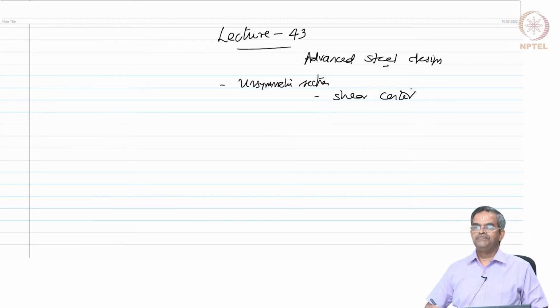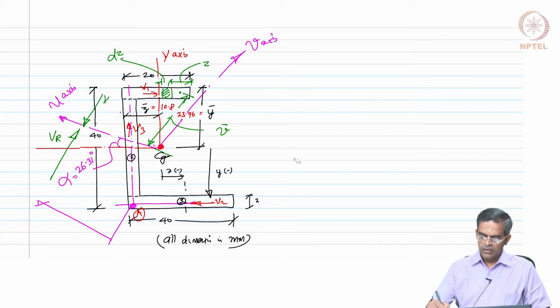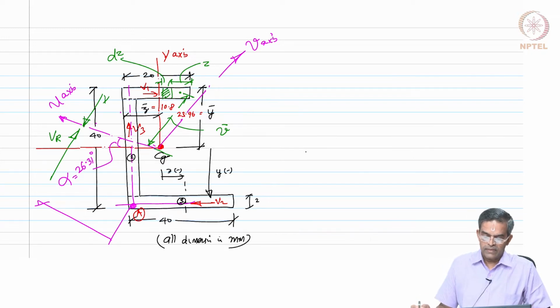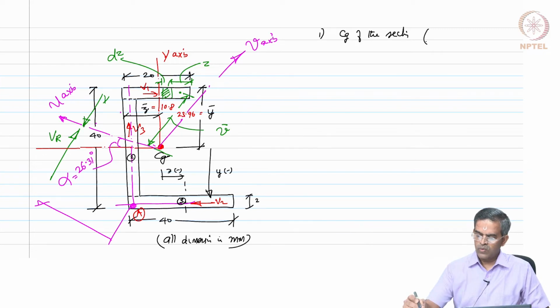So, this was the unsymmetric section we had. We located the UU and VV axis. We first located the CG of the section, that is, we found out Y bar and Z bar.